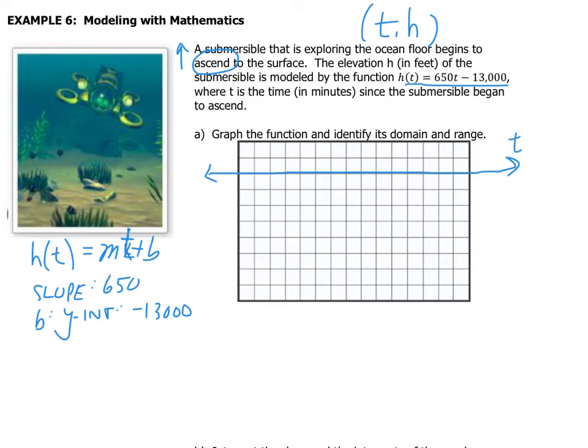And in reality, I really should be saying that it is in minutes for a label. Now, as far as my height, let's go down, we'll do a big jump here. We're going to go down by 2,000 each block.